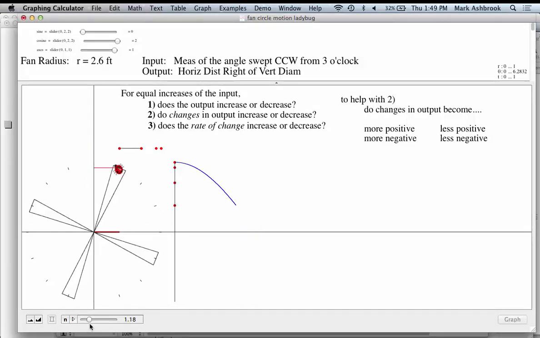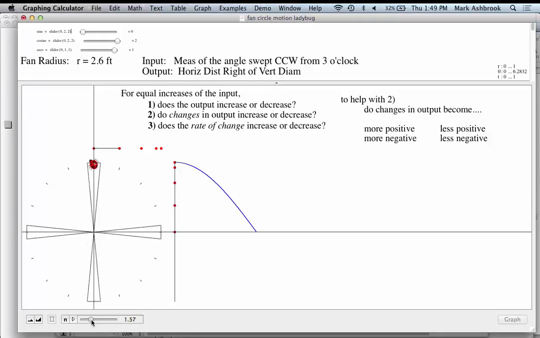So this is a little trickier because we're putting the horizontal distance now on the vertical axis. That's why it starts up here at 1, because that horizontal distance started at 1. Still the same measure of the angle swept counterclockwise from 3 o'clock on our horizontal axis.